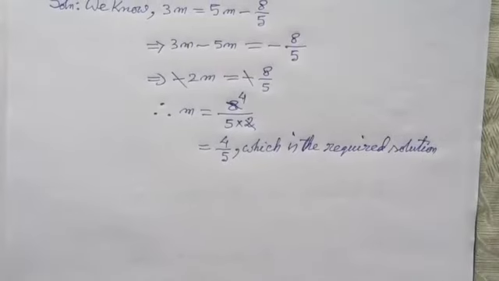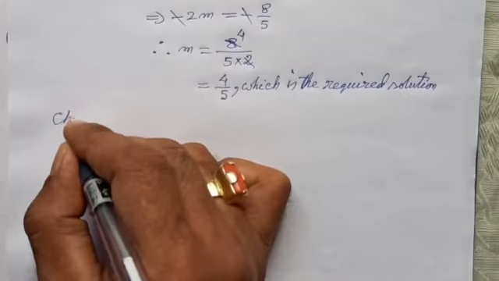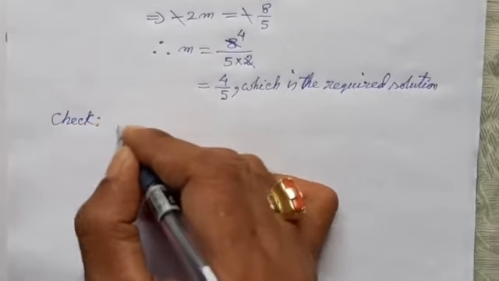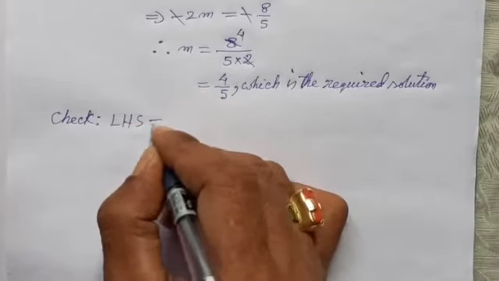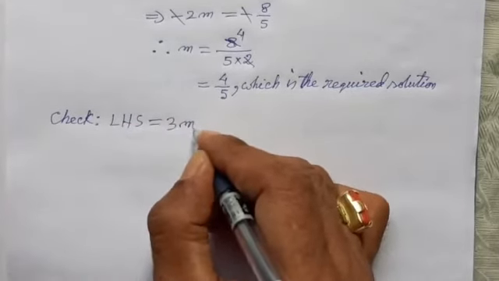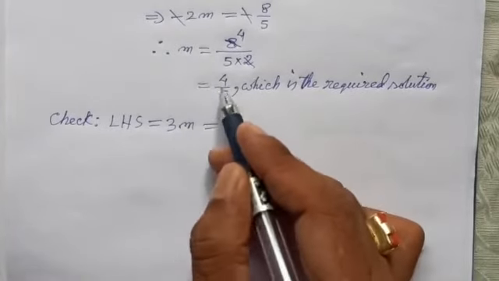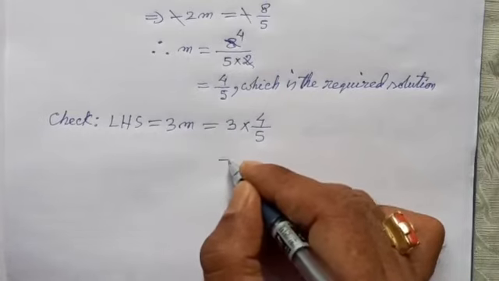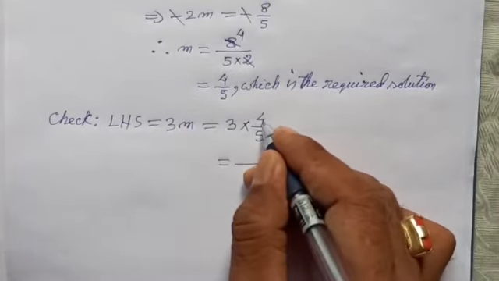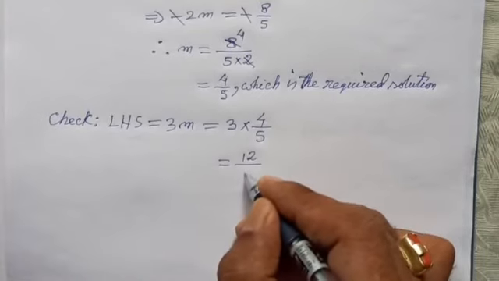Now next is the check. Now let's take the left hand side. From the question, the left hand side is 3m. 3 into the value of m, that is 4 by 5. 3 and 4 are multiplied, that is 12. 3 4s are 12, and the denominator is 5.